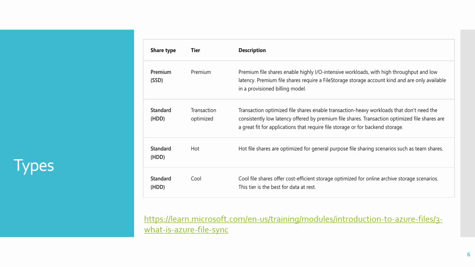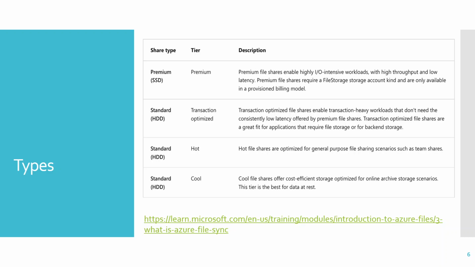We will also discuss the difference between these types of Azure file share, why they are used and what the benefit of each tier is. I have taken these snapshots from one of the Microsoft sites, and you can always refer to that link to get more details. So first is premium.